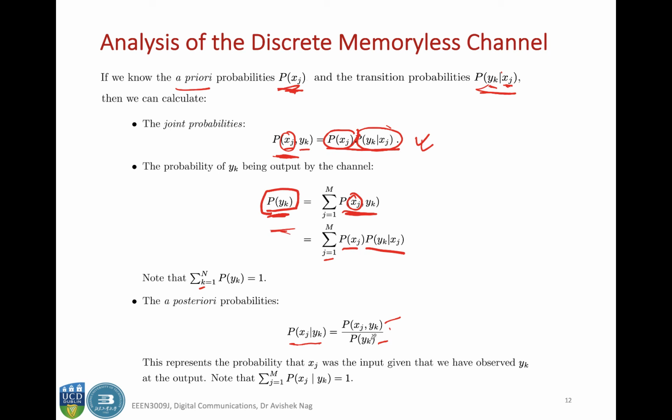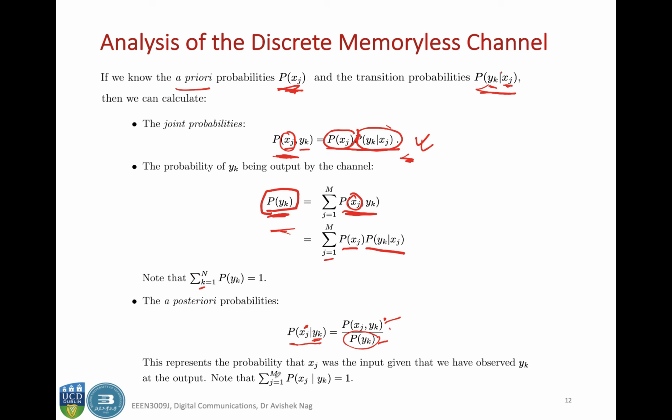You already know these values, given by this expression, so you can easily calculate the a posteriori probabilities. So what is the probability that xj was transmitted given that you observe yk at the output?